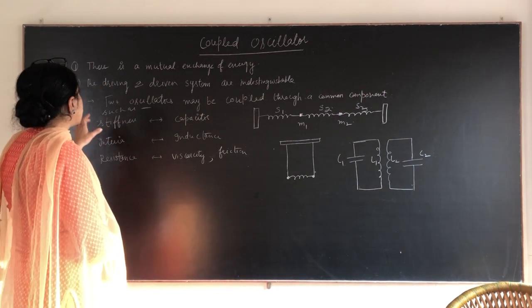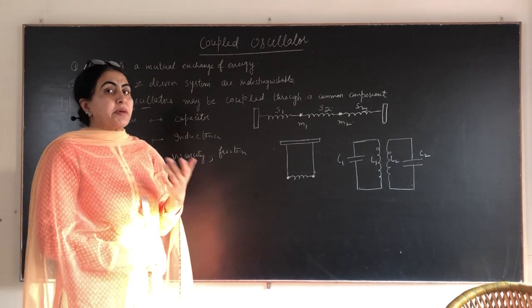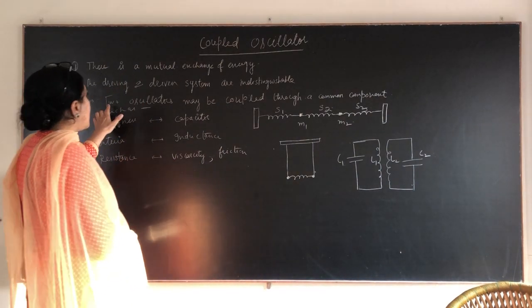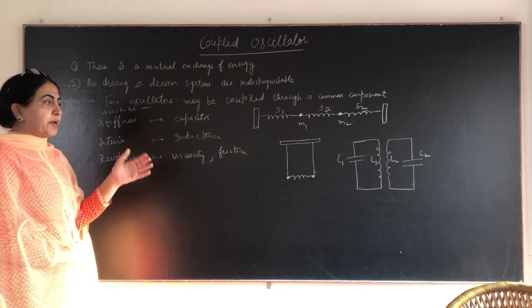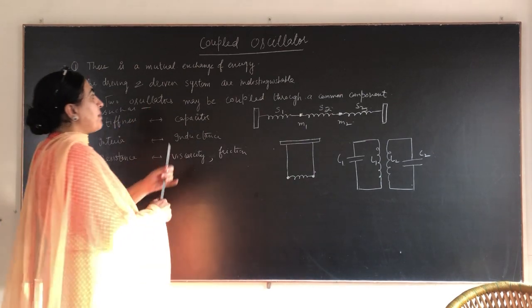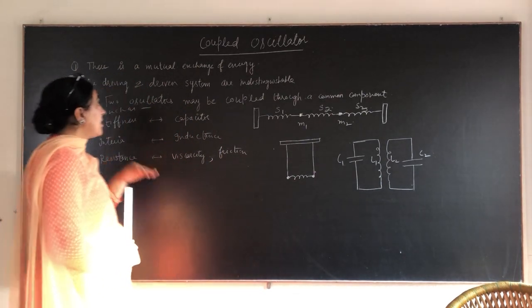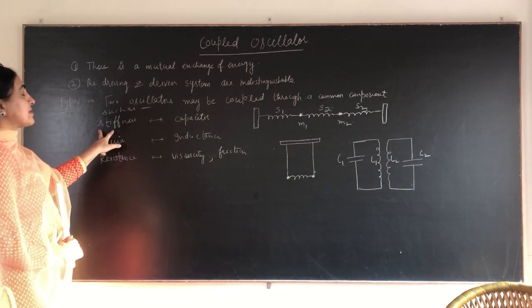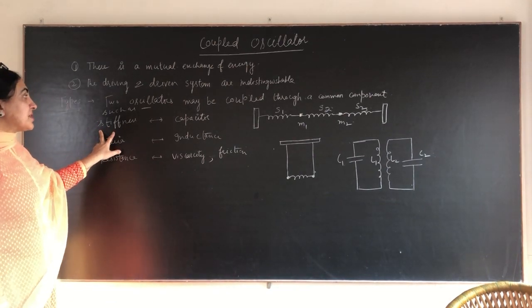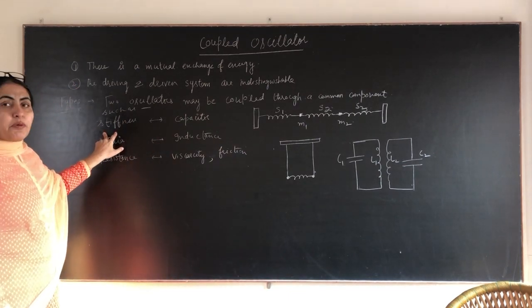Okay. Next is the types, how the oscillators can be coupled. Two or more you can say, but here we couple two oscillators. Two oscillators may be coupled to a common component. What are these components? First is stiffness, with the help of a spring.